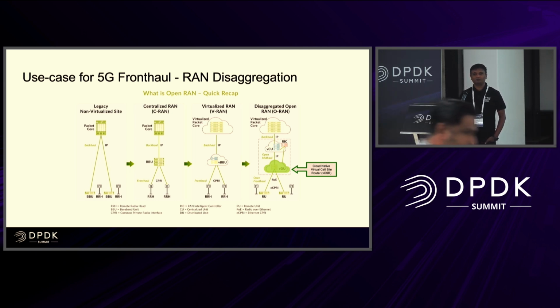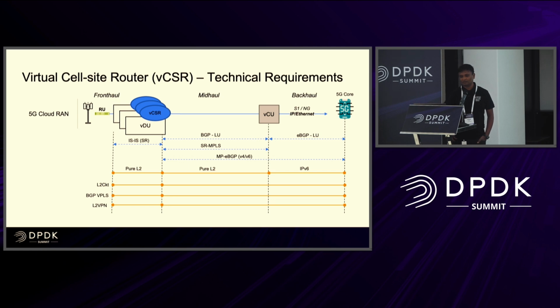It's a pure software router, which can be run on any x86 based Intel hardware, and also can be orchestrated in a cloud native manner. In addition, the VCSR can also host the VDU function.